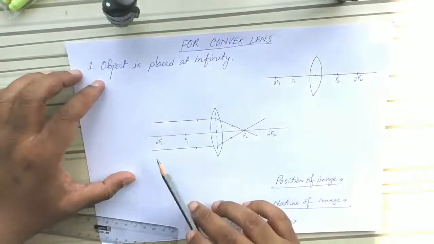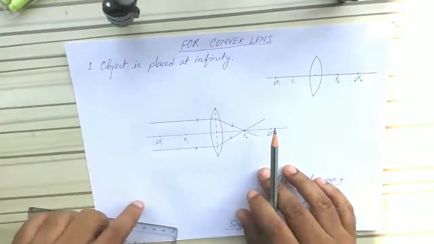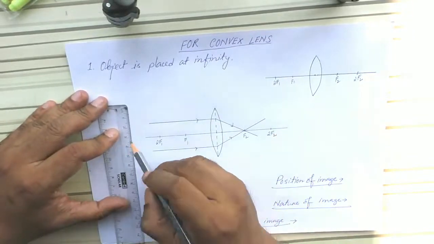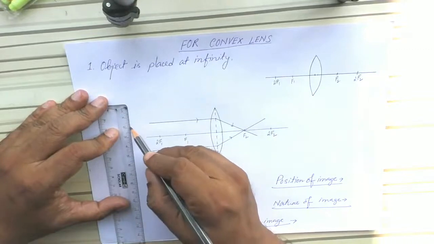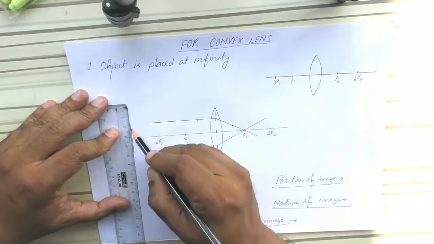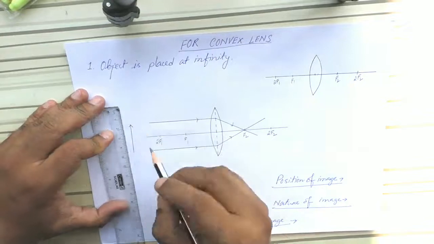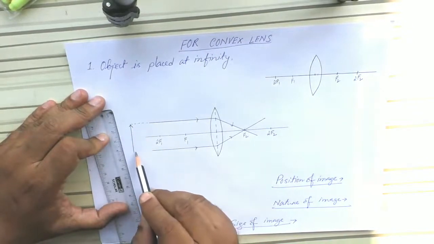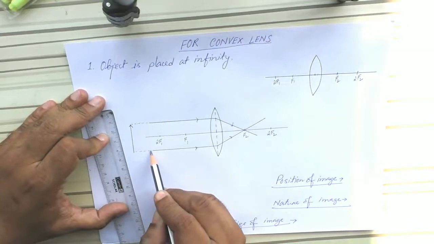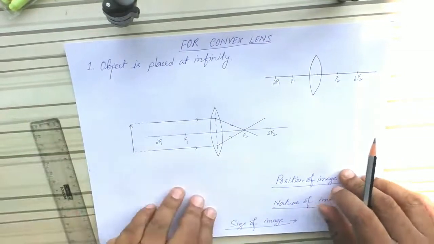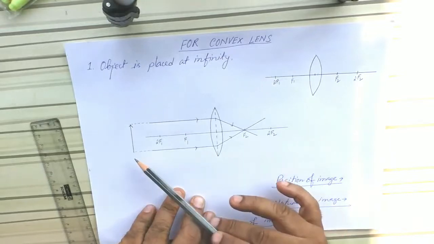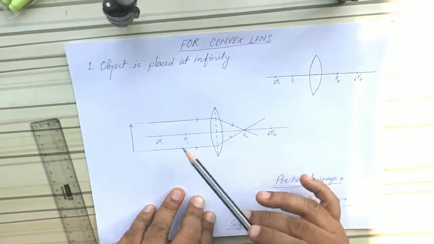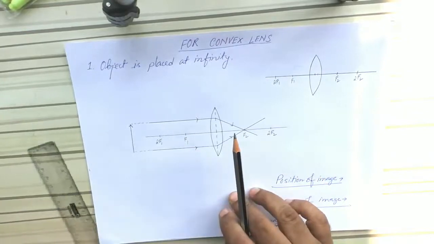So if the object is placed at infinity, the image is formed at focus, and you can also draw an object at a large distance like this, and from that object you can show the incoming incident rays as shown. So this is the first diagram where the object is placed at infinity, the image is formed at focus, and here the incident rays are parallel to the principal axis.